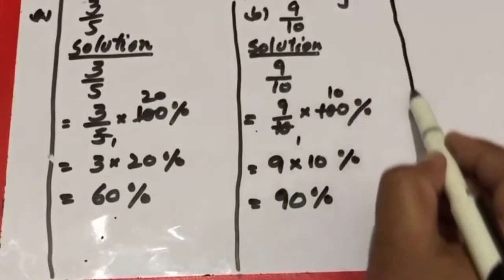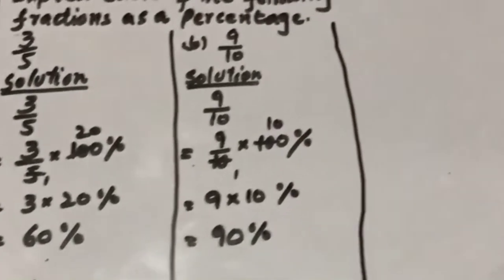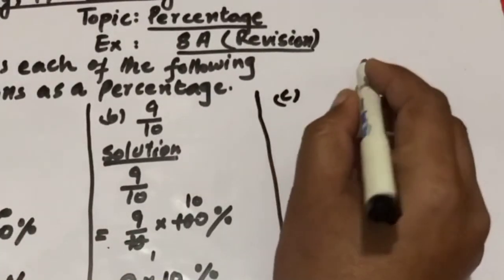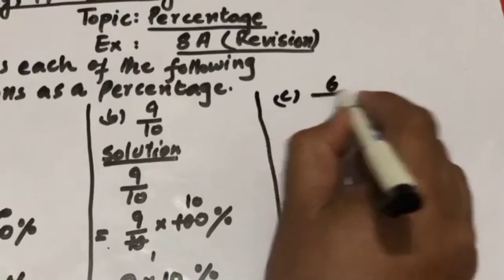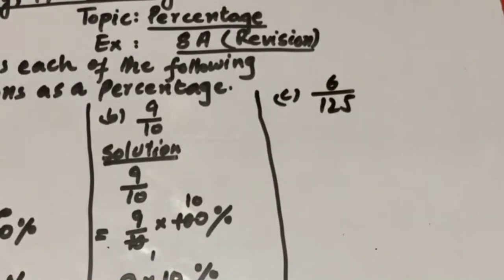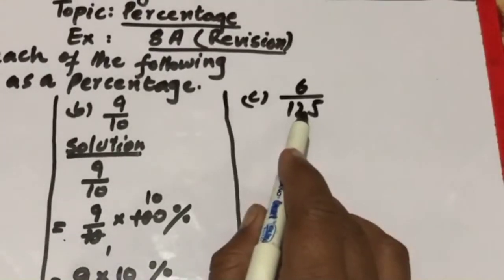Now we are going to solve the next part, which is C. The fraction is 6 over 125. Now we will convert this fraction into a percentage.